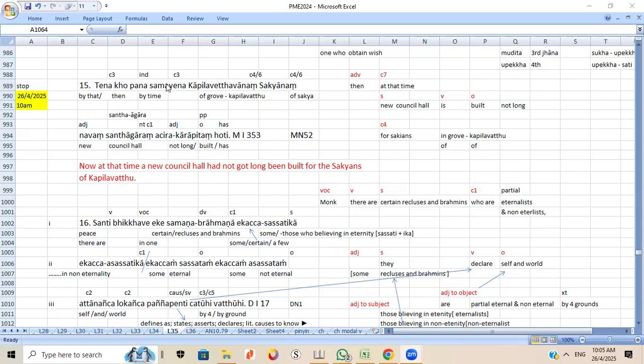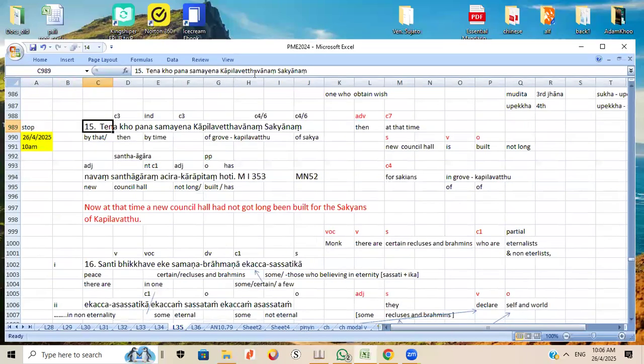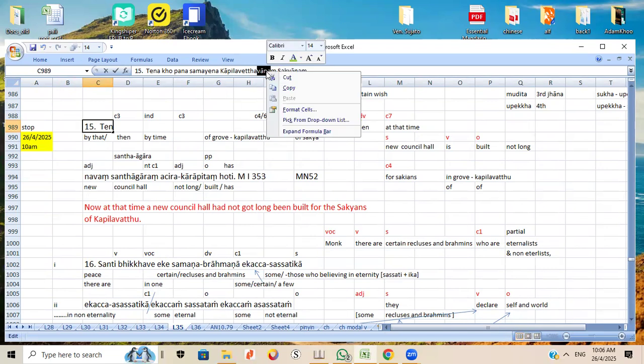So this is a compound, Kapila. You can see this is Kapila, and then this is Veta and Vanang. So we know that Vanang has to be a kind of forest or a grove. So this is Vanang, so it is a Vana.